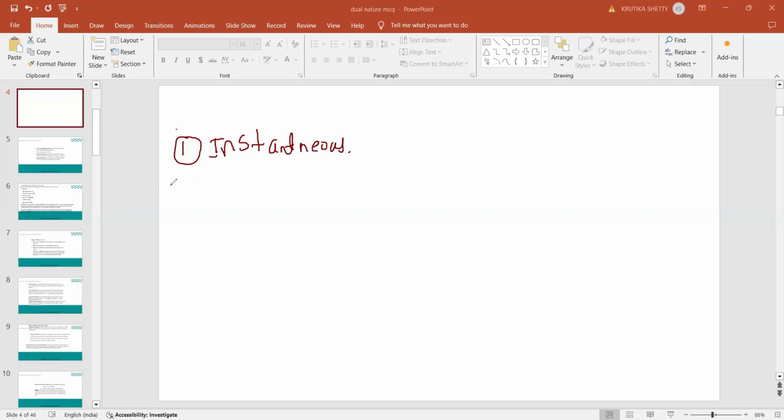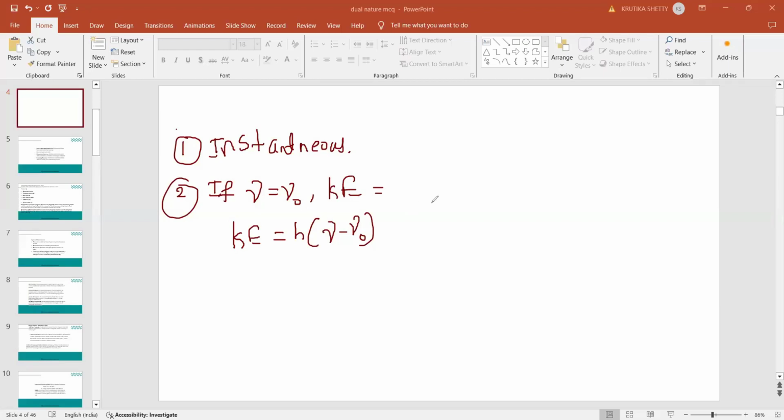Okay. So second point, if nu is equal to nu naught, in the equation, so what is the equation, students? You have written, kinetic energy is equal to h into bracket nu minus nu naught. So suppose nu minus nu naught, what is kinetic energy? Yes, what will be the kinetic energy in the given equation?